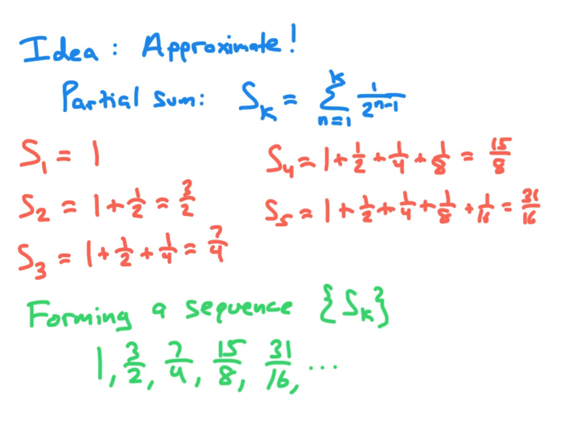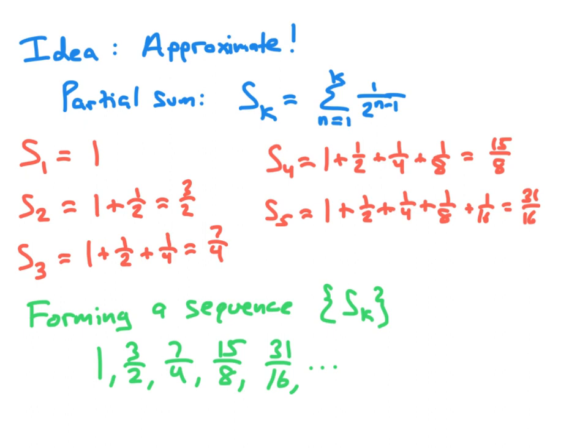Each of the partial sums in this sequence is an approximation for our series. A partial sum is formed simply by going through the addition process for a series and stopping after a finite number of additions. The more additions we do, the better approximation that we'll have, which means the further we go along in this sequence, the better the approximations we'll get.